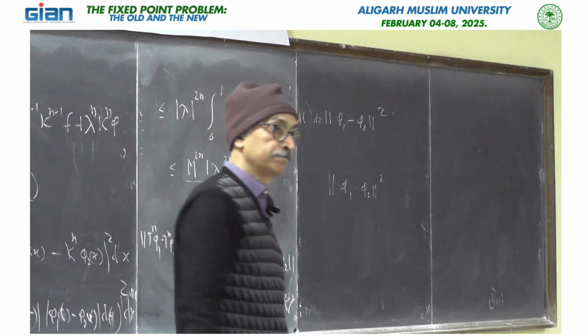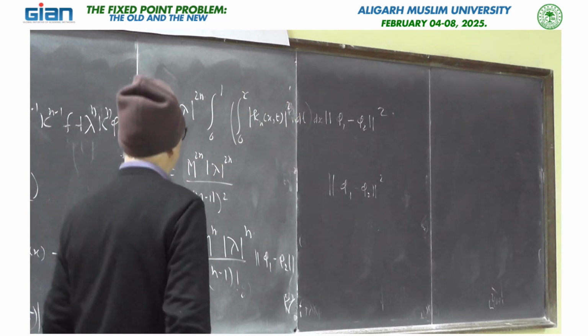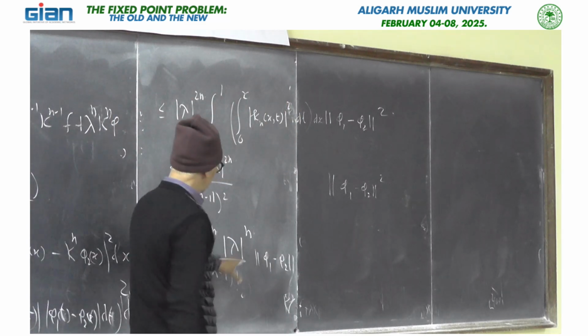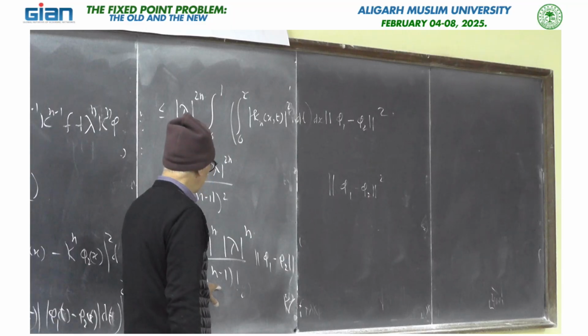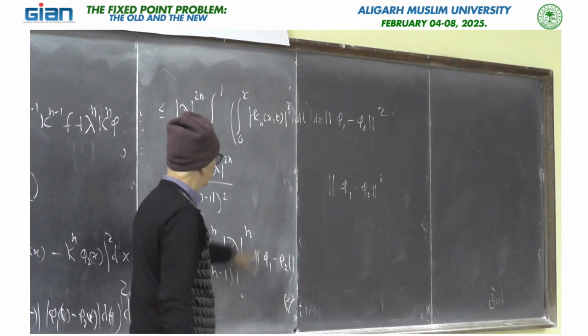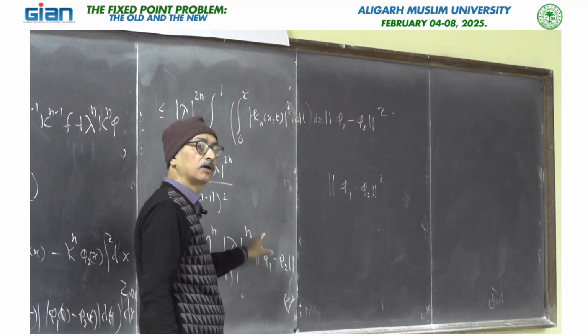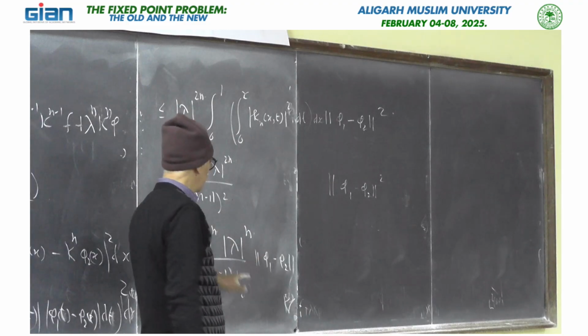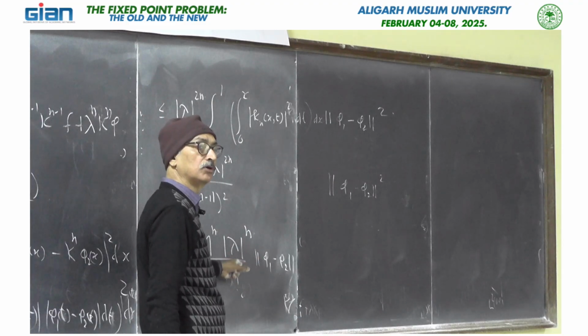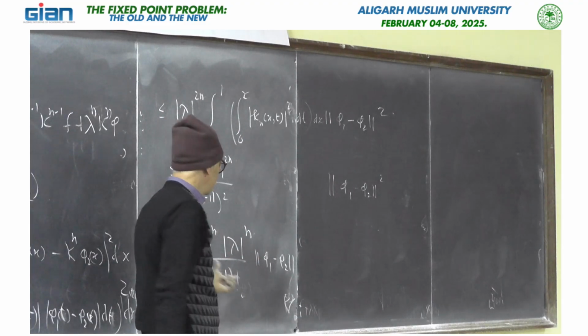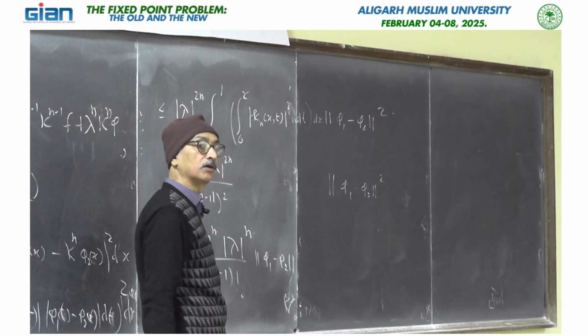Okay, is that clear? So now because of this factorial term here, choosing n sufficiently large, this quantity you can make less than 1, without any restriction on this lambda. You choose a large n and you get this less than 1.